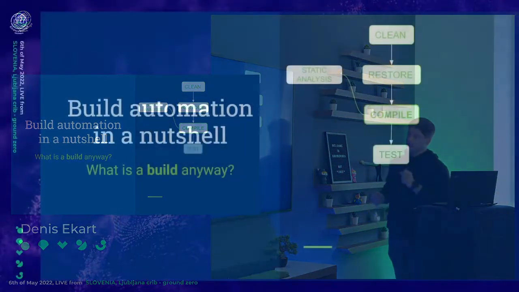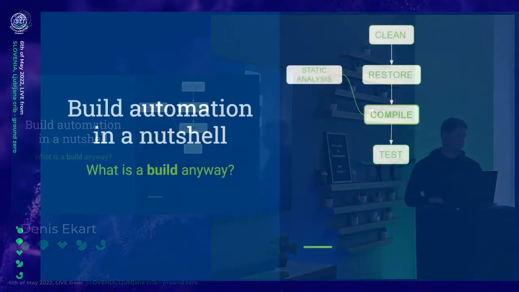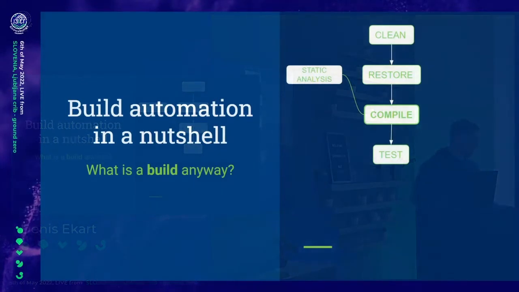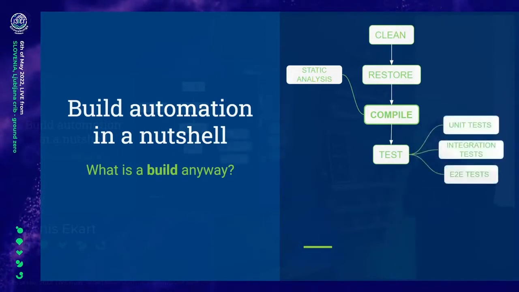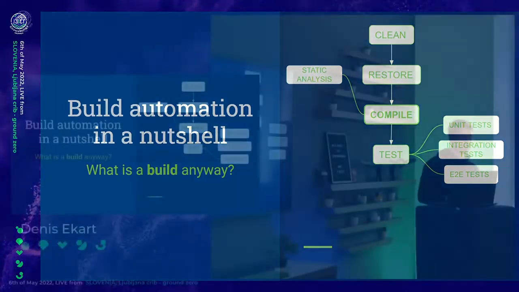Okay, after we are done with that, we need to test our code. Of course, everyone tests their code here, right? Usually we don't run only one type of test, but many types, to name a few: unit tests, integration tests, and end-to-end tests. All of these tests usually require, at least to some degree, specialized environments, so you need to have data ready and so on.